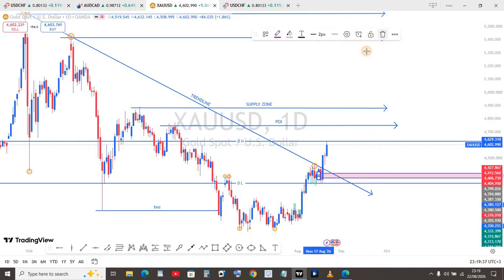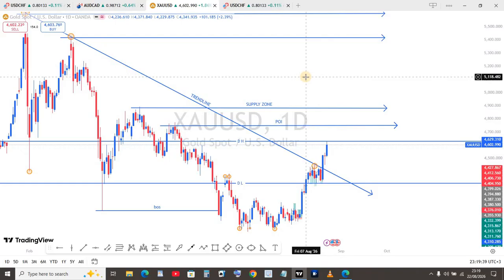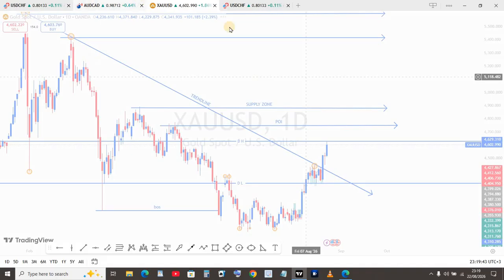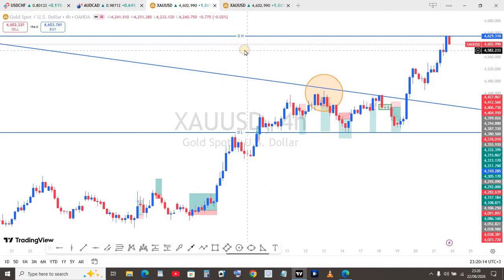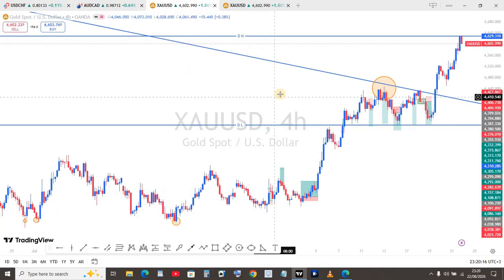So let us go to the 4-hour time frame. This is the 4-hour time frame. Let me reset the chart view.